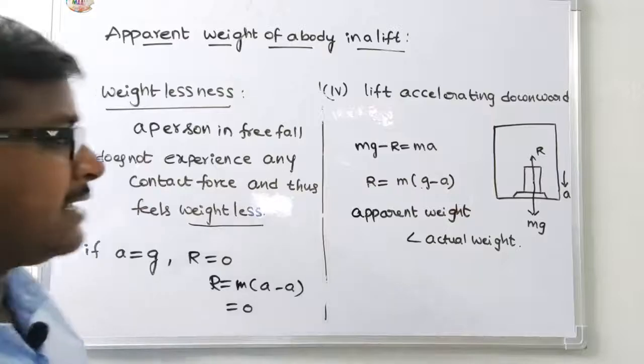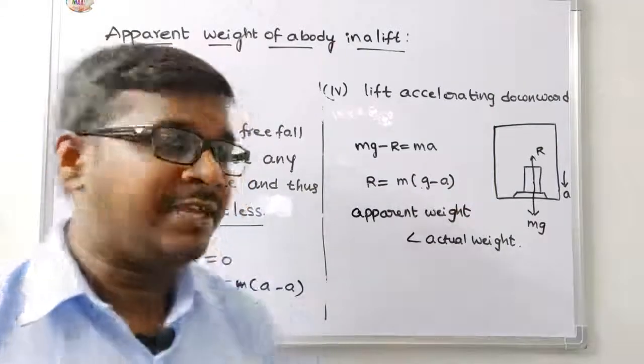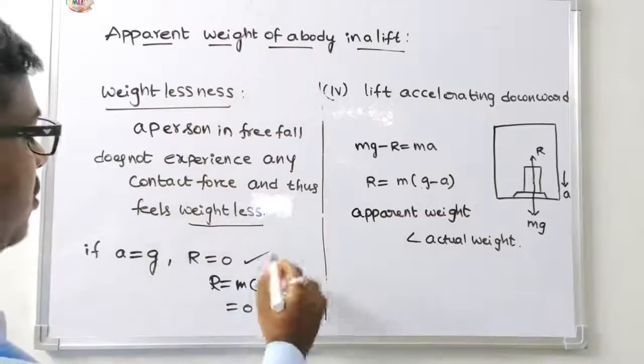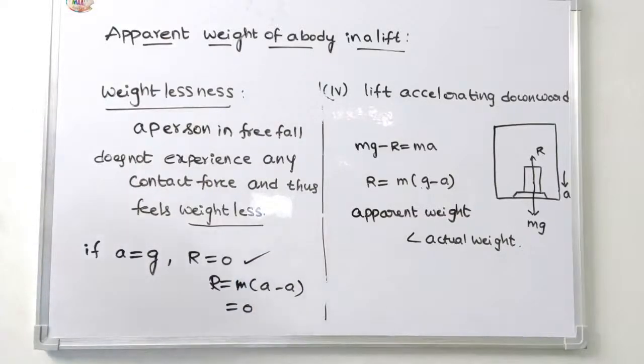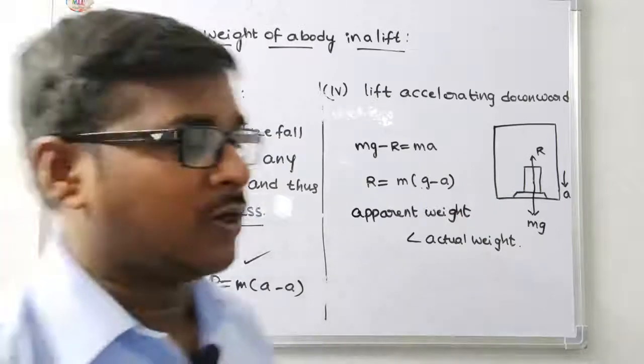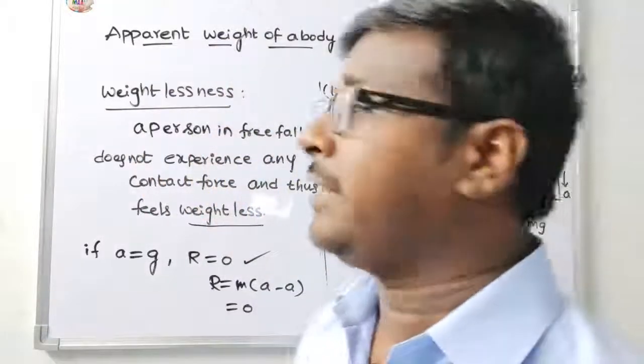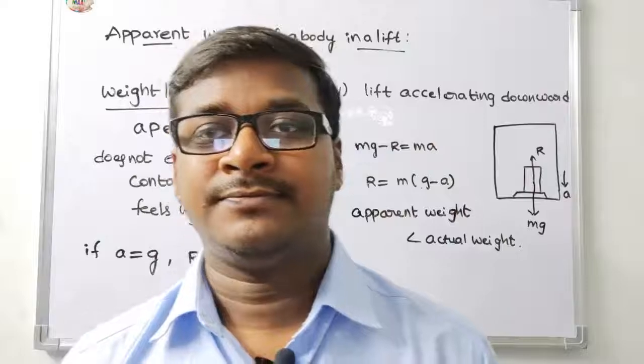If acceleration is equal to the acceleration due to gravity, then the normal reaction is 0. Thus, in a freely falling lift, the man will experience a state of weightlessness. This is the concept of apparent weight of a body in a lift.